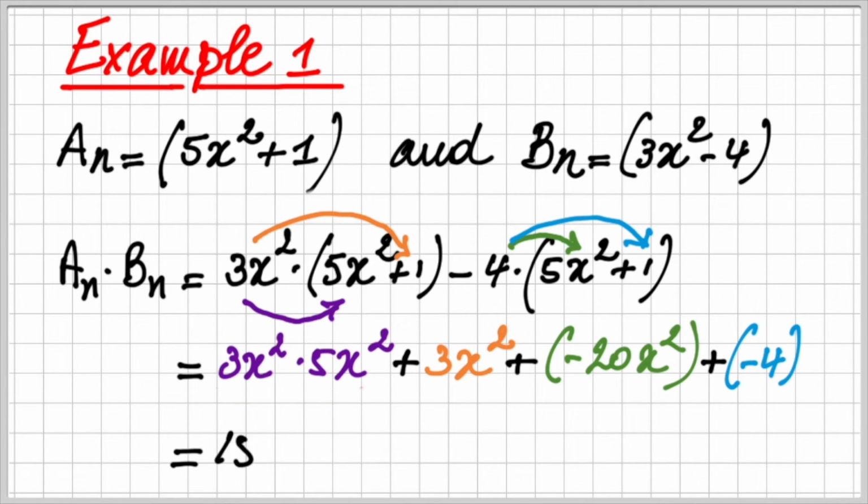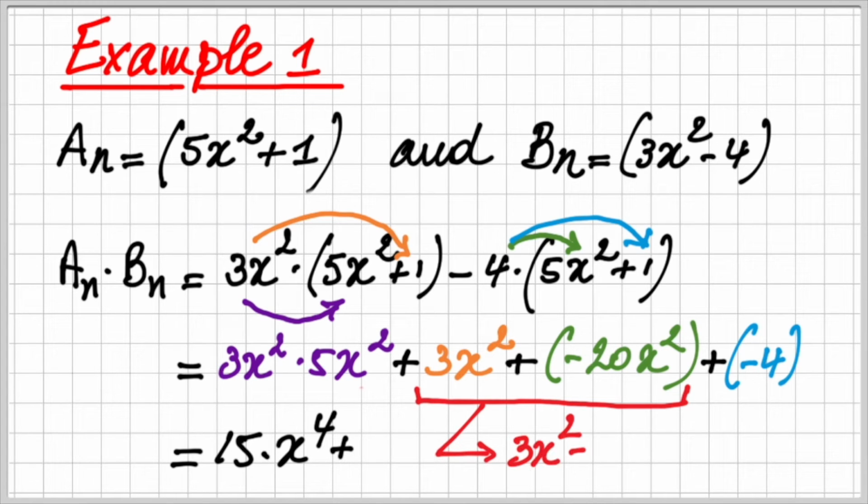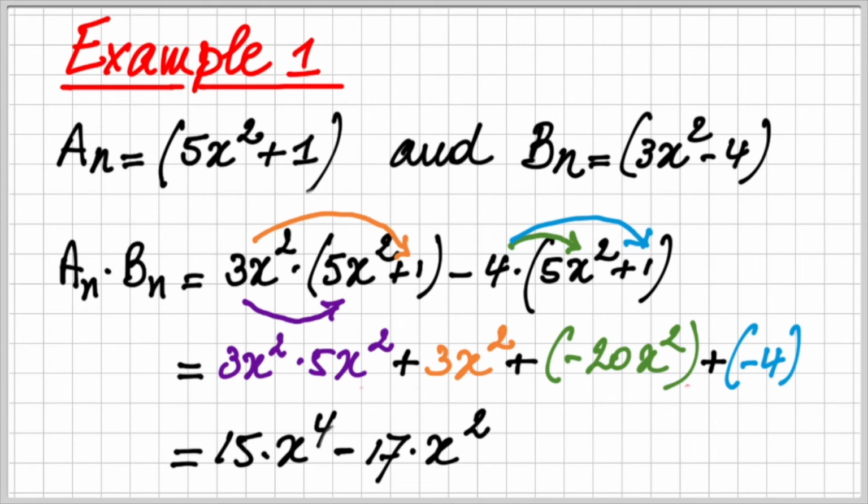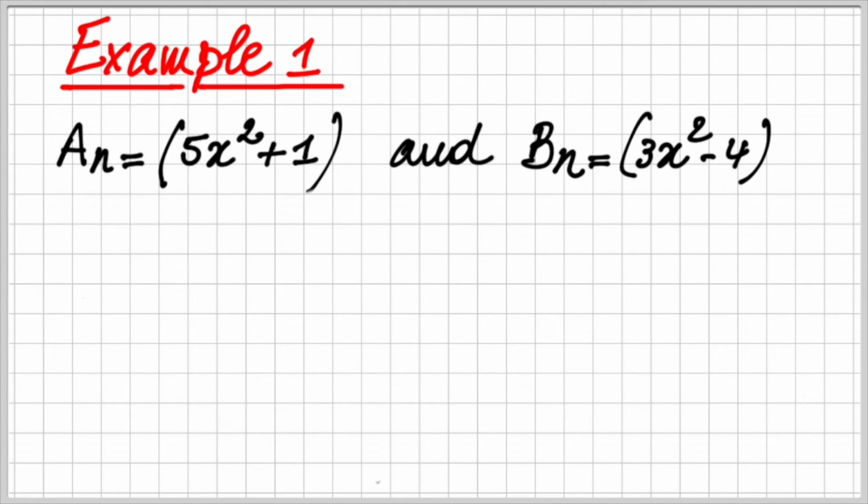We put that as the first term, so we already have 15x to the power 4. Now we resolve 3x to the square minus 20x to the square, which gives me minus 17x to the square. We add that to the formula, and finally we add the minus 4, which is the last term. So the multiplication of an with bn is 15x to the power 4 minus 17x to the square minus 4. And that's the first way to do it.